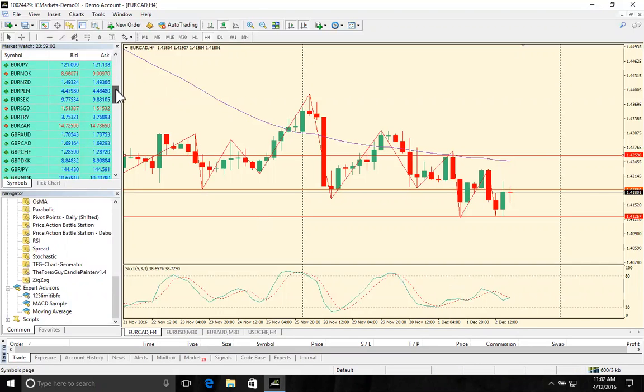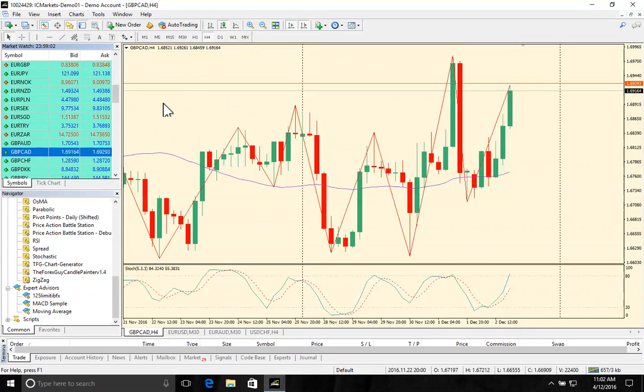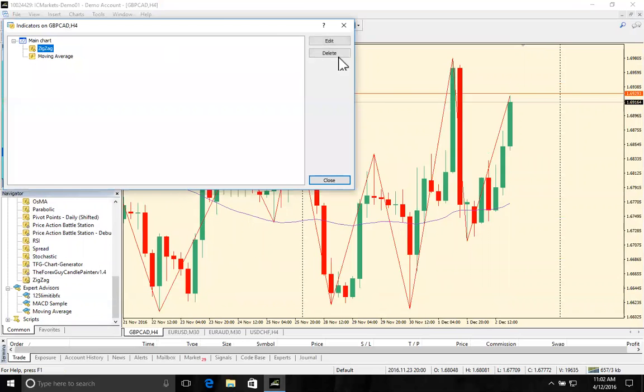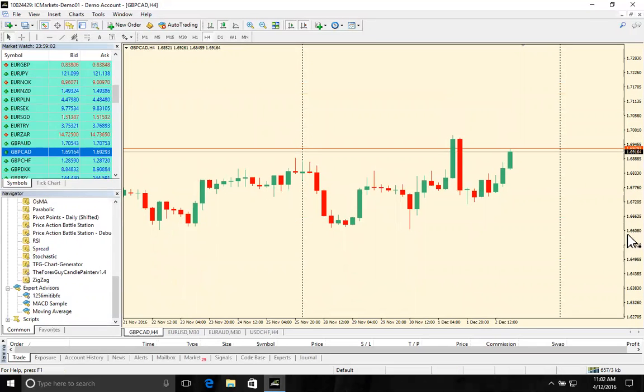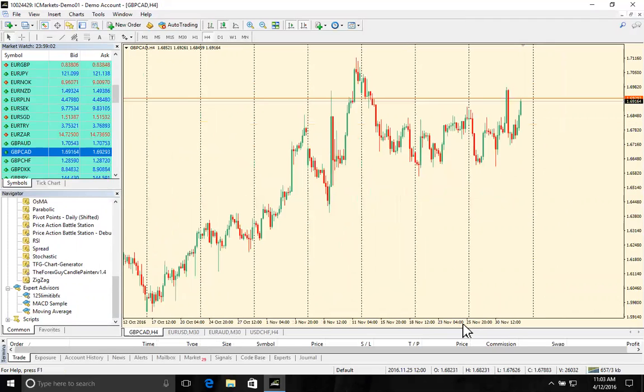So now I was going into Euro Canadian dollar. Sorry, British pound and Canadian. Okay, so I will remove all those lines so we can see what's happening. Right, what's happening?